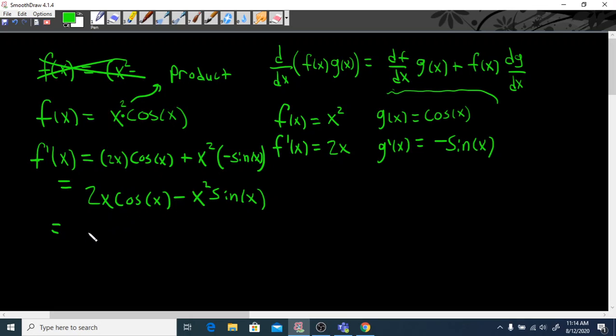Both of these terms have a greatest common factor of x. So you may see this in a multiple choice situation. Okay. Both of these are correct. One is a factored form and one is not. Okay, so there's a product rule example.